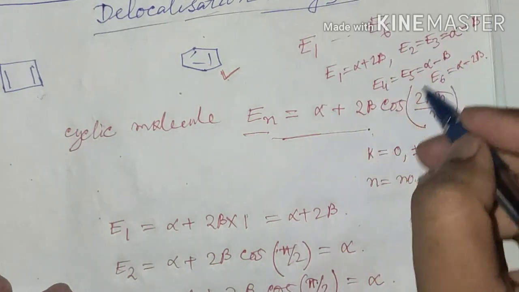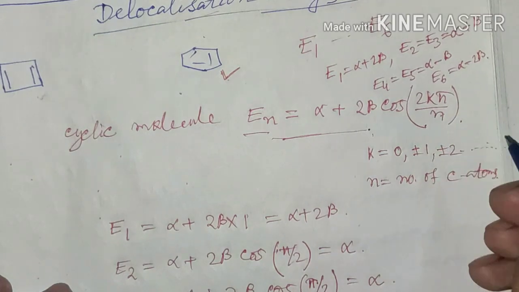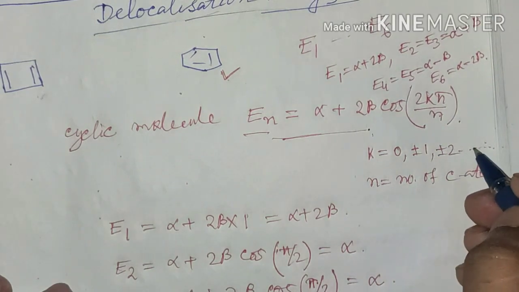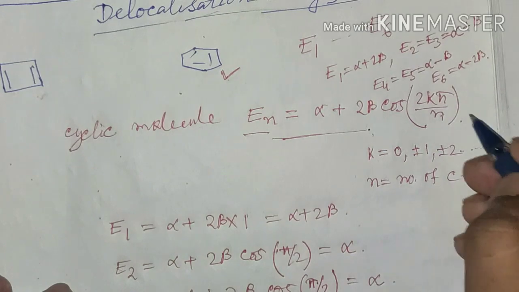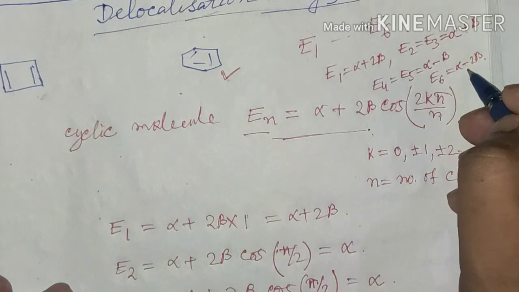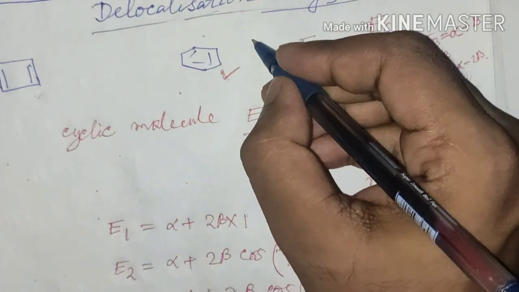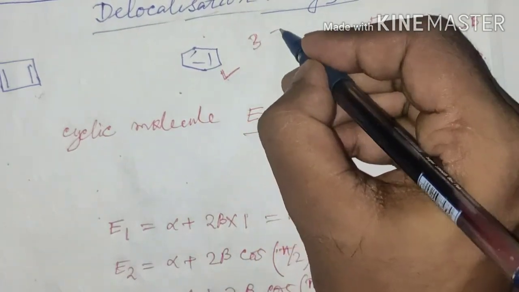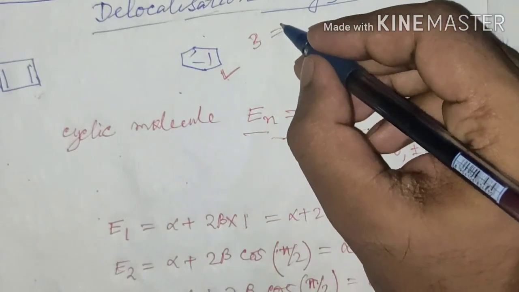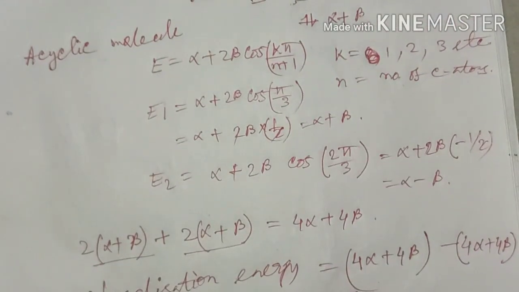You can calculate this energy by putting the value of K as 0, plus minus 1, plus minus 2 and plus 3, and N in all the cases 6. You will get this energy from the calculation. Since the benzene molecule contains 3 ethylene units, for 3 ethylene molecules you have to calculate the energy following this rule.